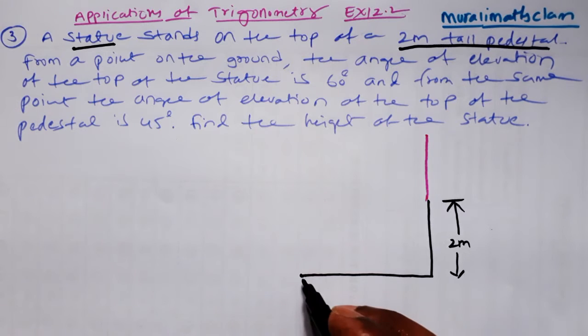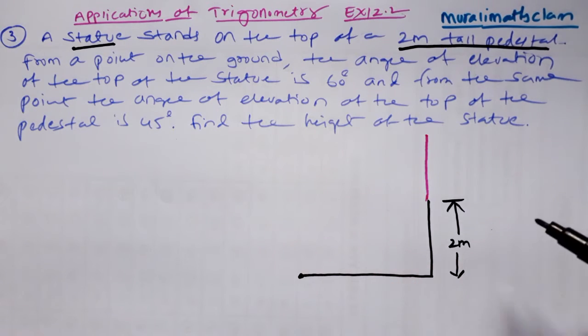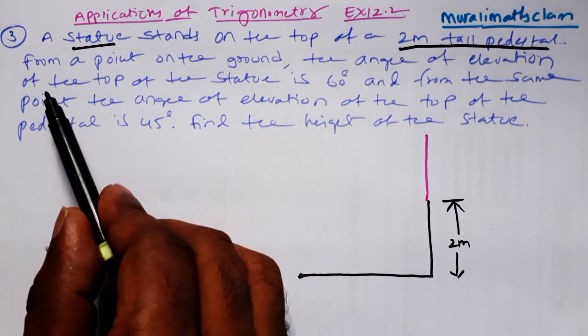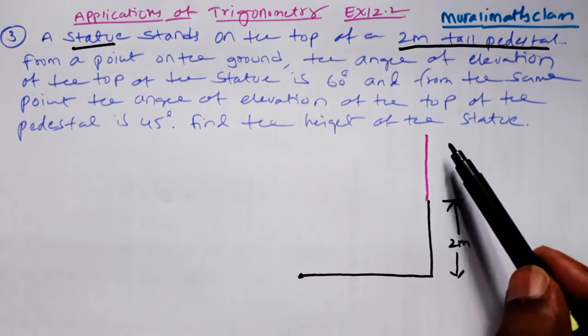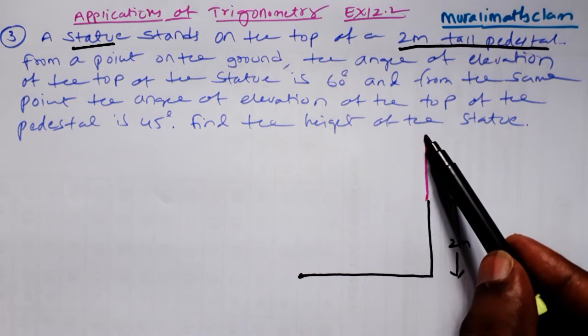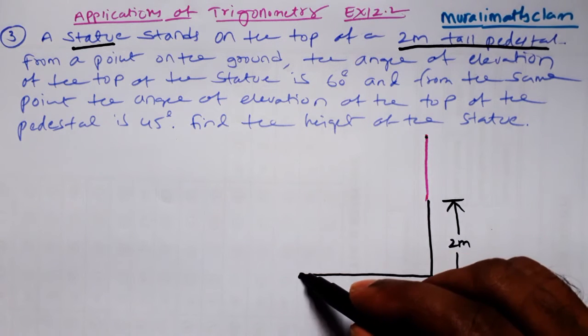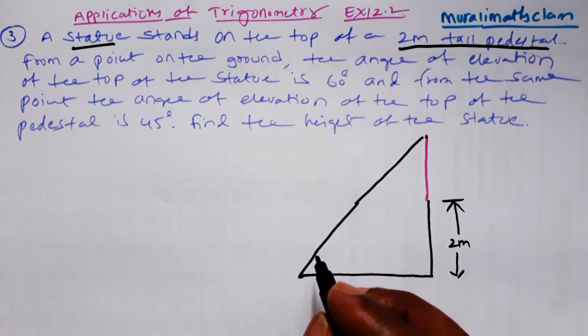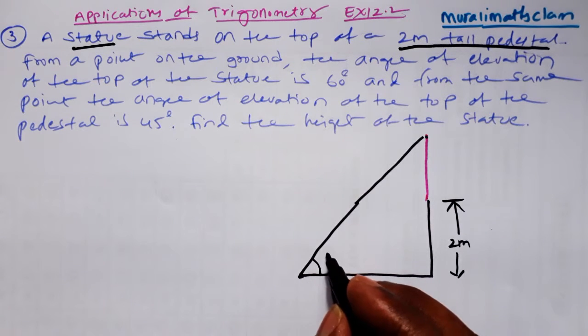From this point, the angle of elevation of the top of the statue: join like this, you will get one angle of elevation. This is given as 60 degrees.